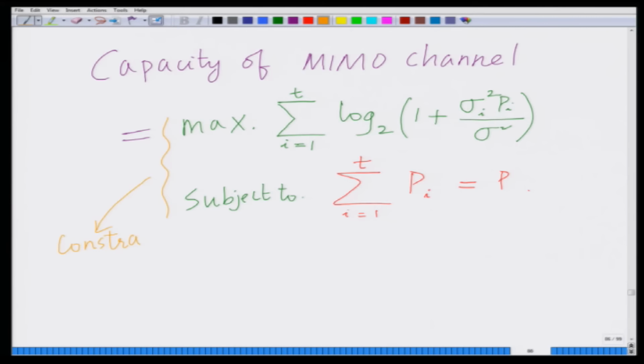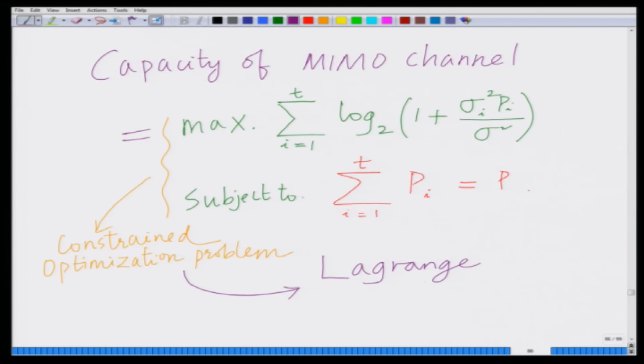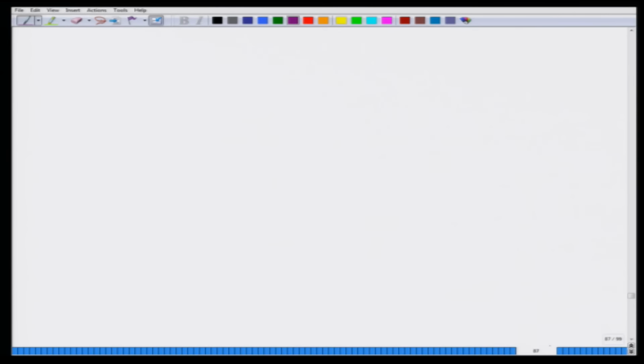This is known as a constrained optimization problem, and therefore, the way we are going to solve it is by using the principle of the Lagrange multiplier.